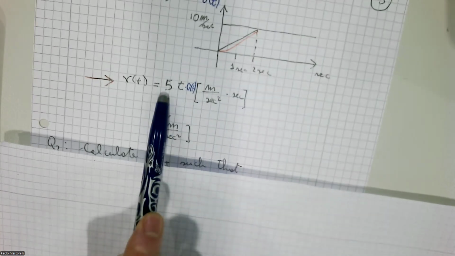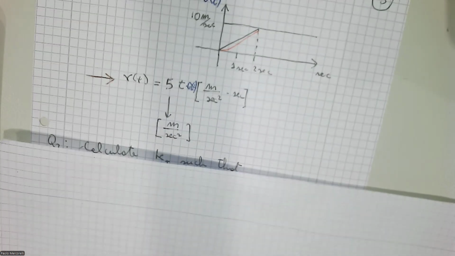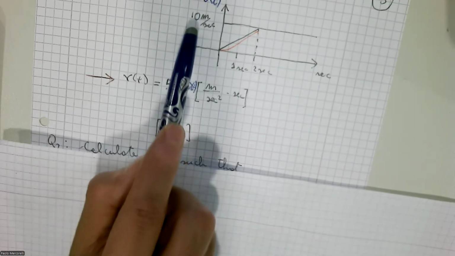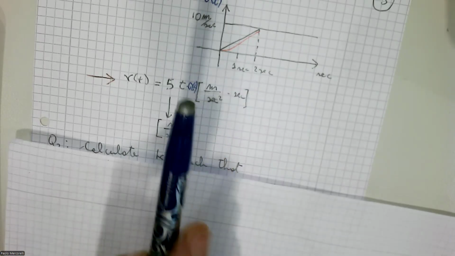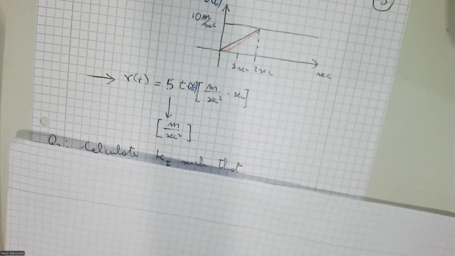It's clear what the acceleration is. If I write, for instance, in the exam, 10 meters per second in 1 second, what is the acceleration? 10. Is the exam difficult?